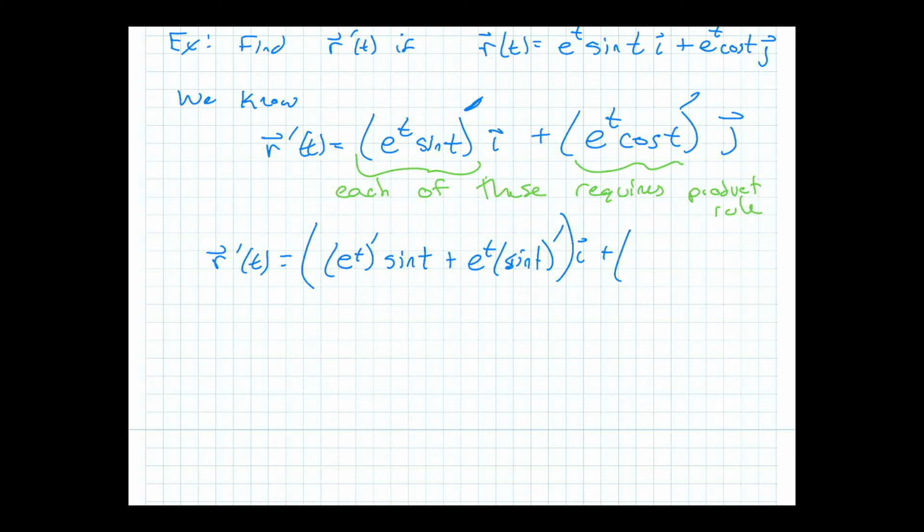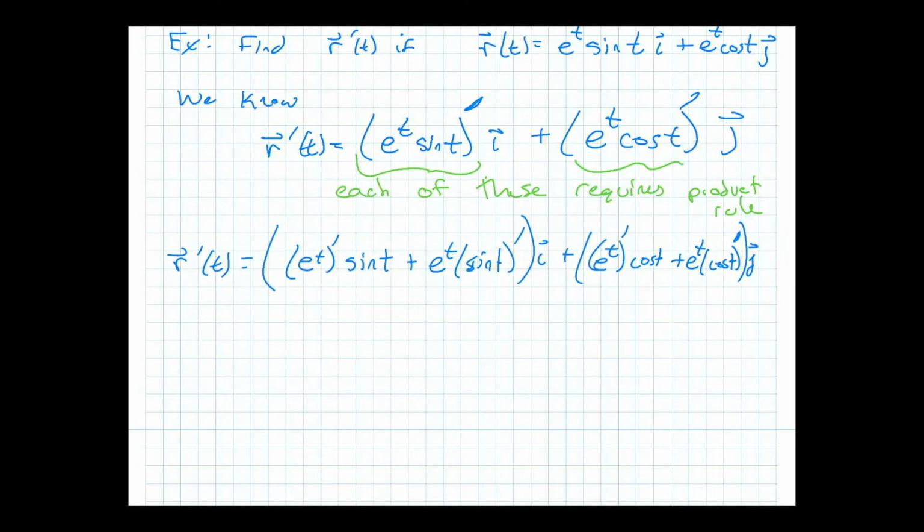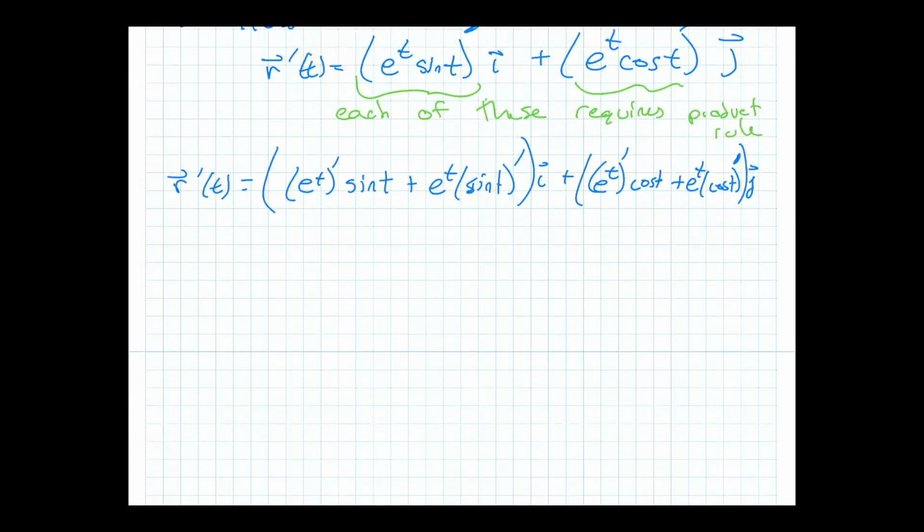And then you have the same sort of thing, derivative of the first thing times the second plus e to the t, derivative of cosine, j.